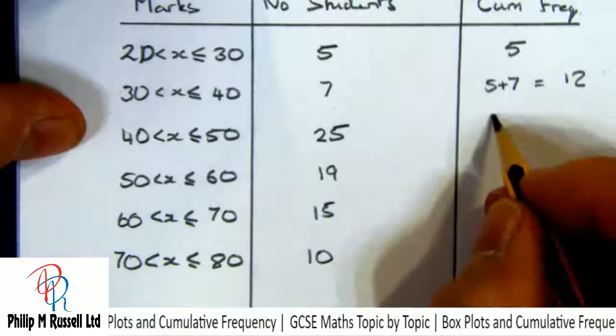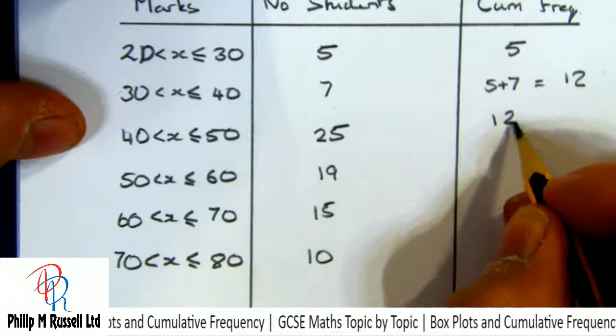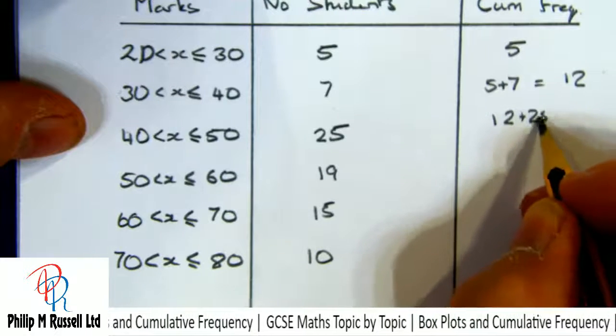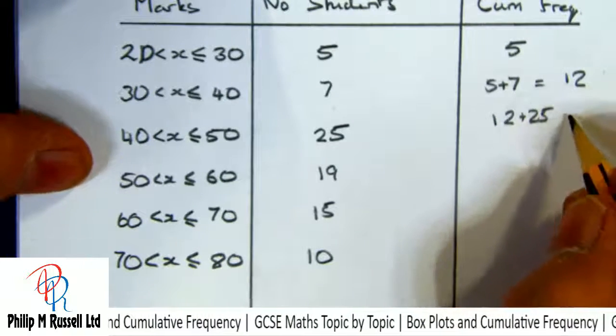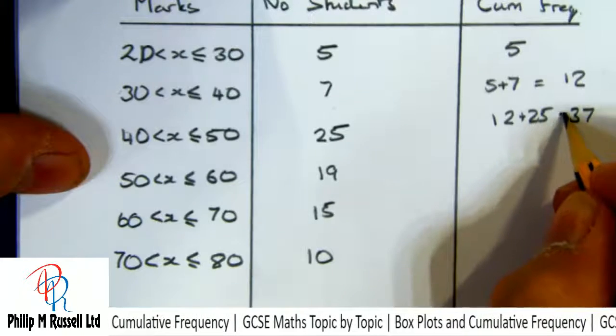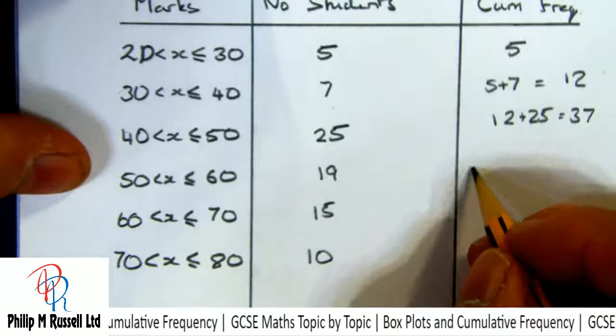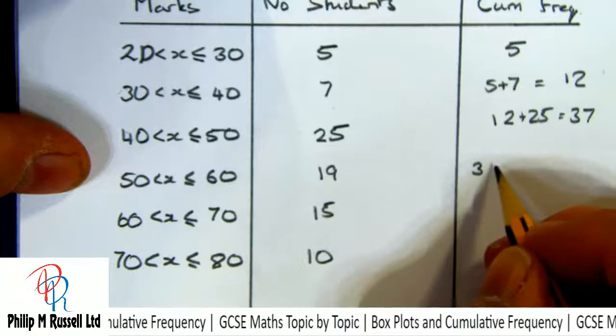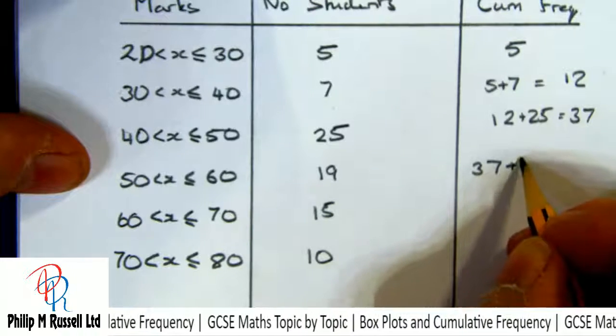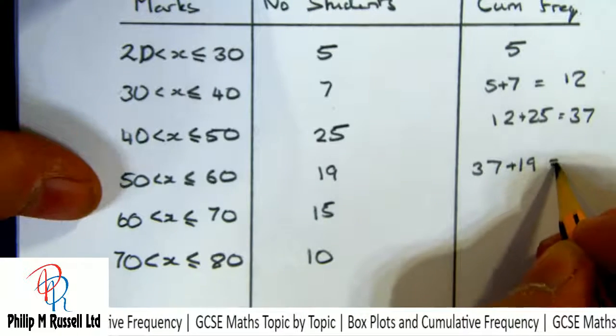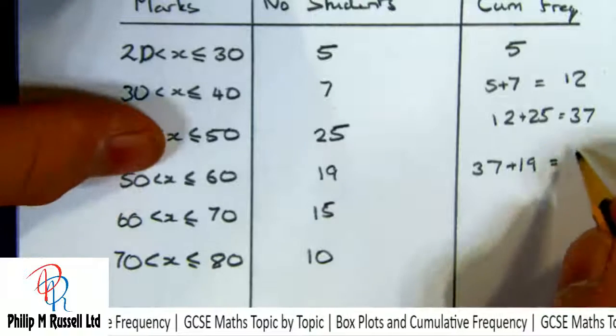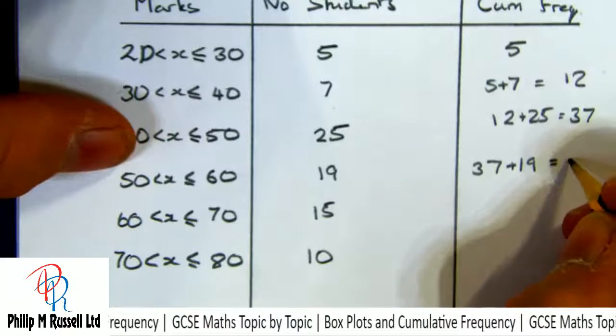The next one is 12 plus 25, which gives me 37. My next one is 37 plus 19, and that gives me 56.